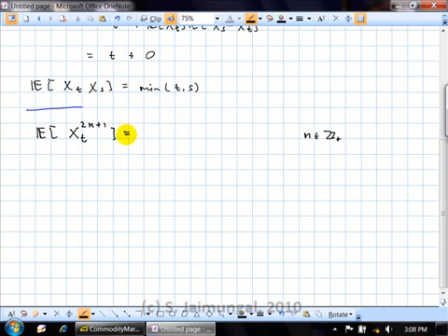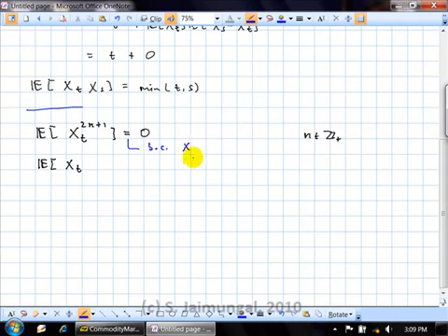Isn't it 0? X is normal. So any odd moment of a normal is 0, right? Of a normal with 0 mean, that is. So 0. And we could say here, let's just say here, because x, in fact, it's really because x is symmetric, right?